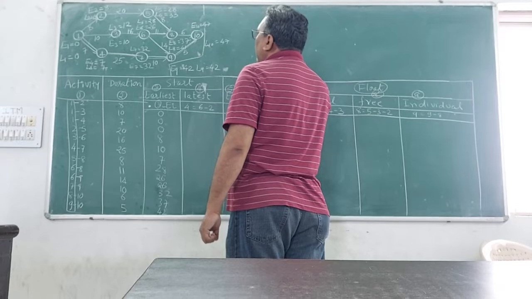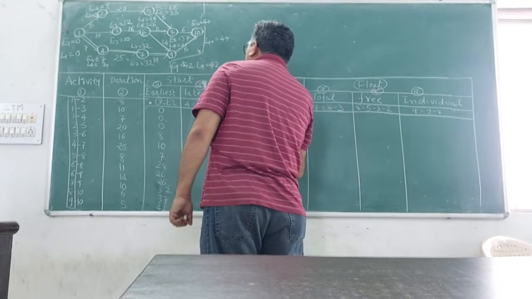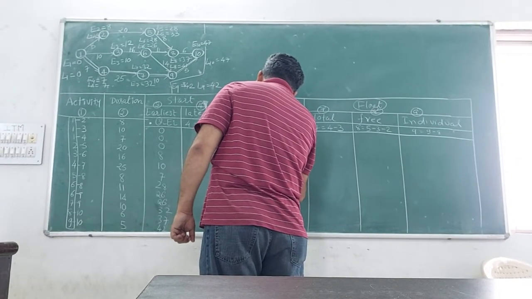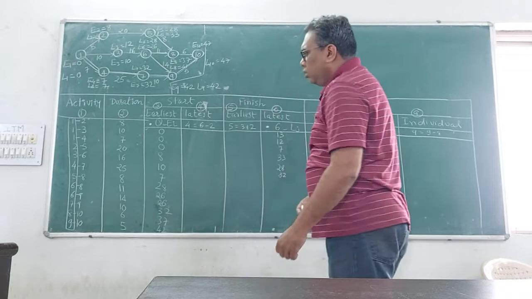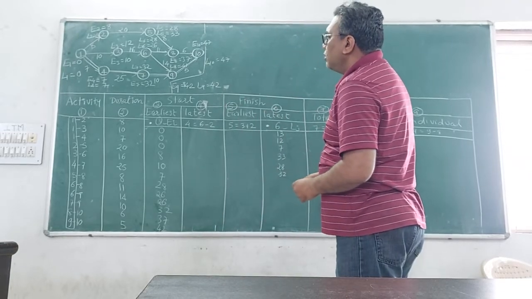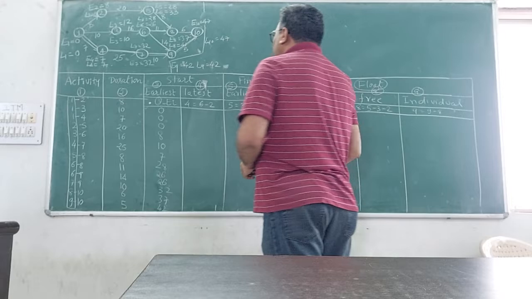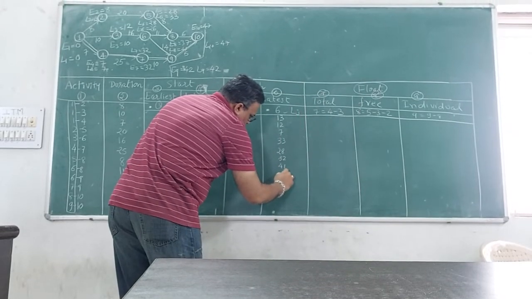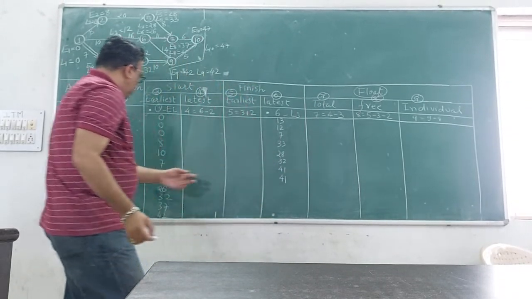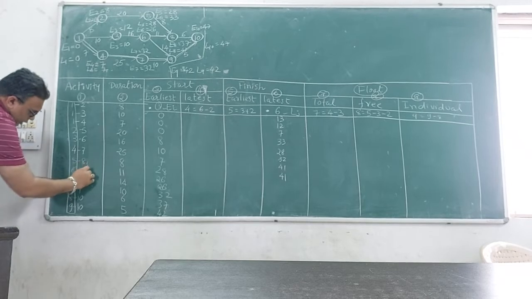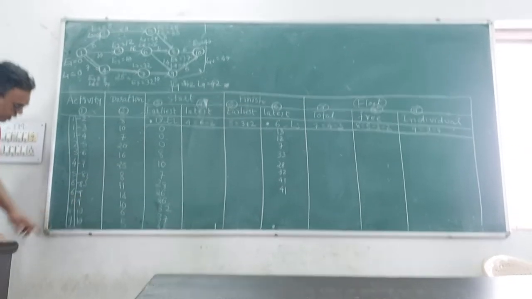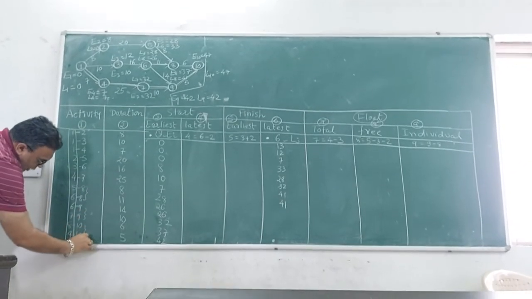7, 32, then 8 two times, 41. Why 2 times? Because the 8 occurs 2 times. Now the same way 9 is also 2 times, 10 is also 2 times.